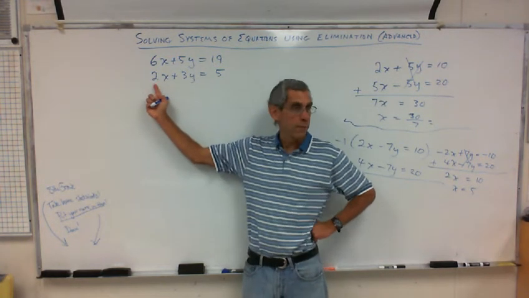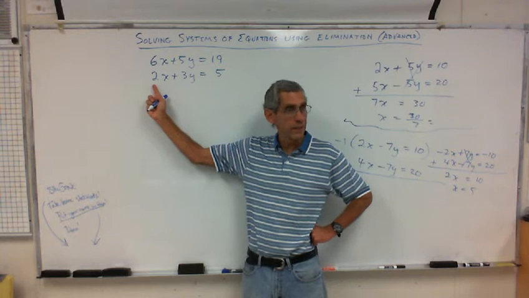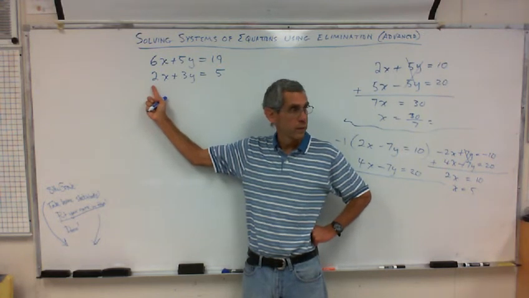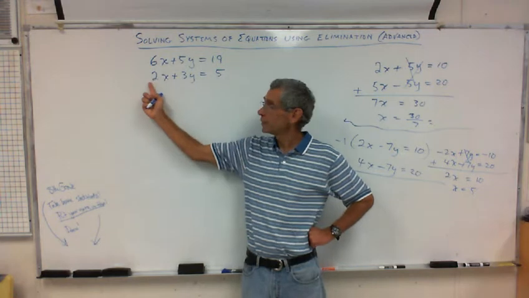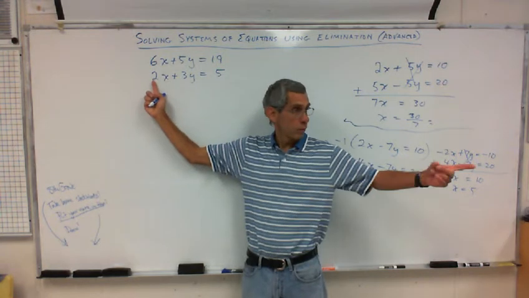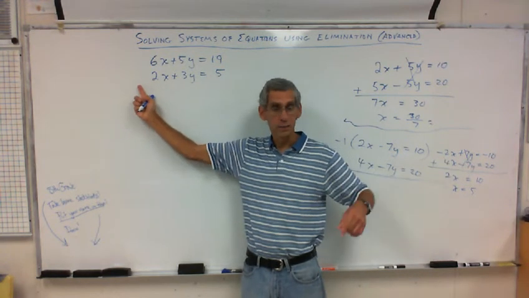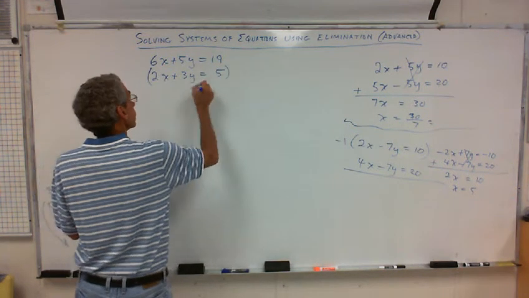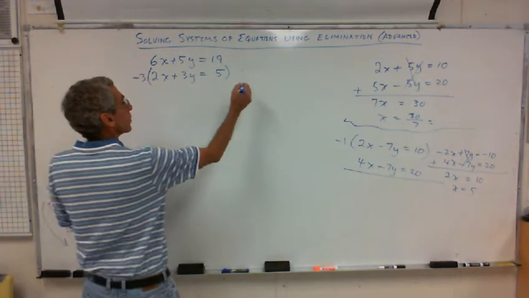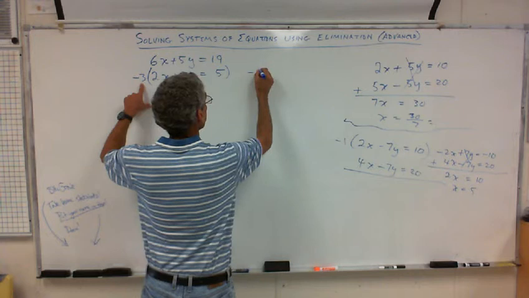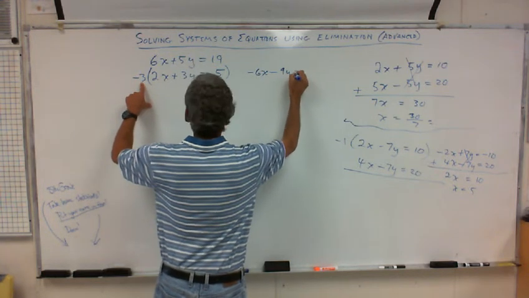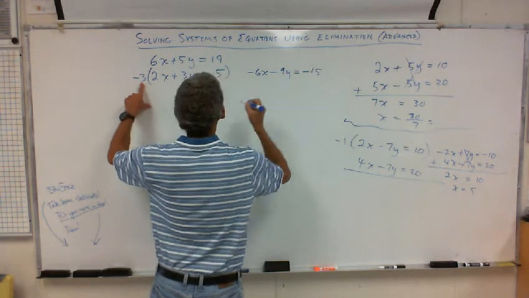So I'm hearing most people are saying that it would be really easy to turn this 2 into a 6, right? By multiplying it times 3. But then it would be 6x and 6x. So if I did negative 3, does that make sense? So let's do that. Negative 3. So I'm going to rewrite it here. That's negative 6x minus 9y equals negative 15.